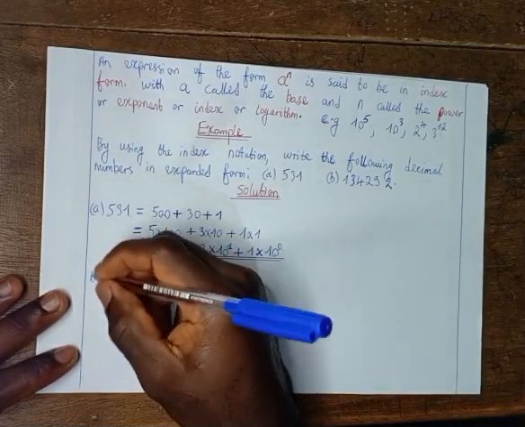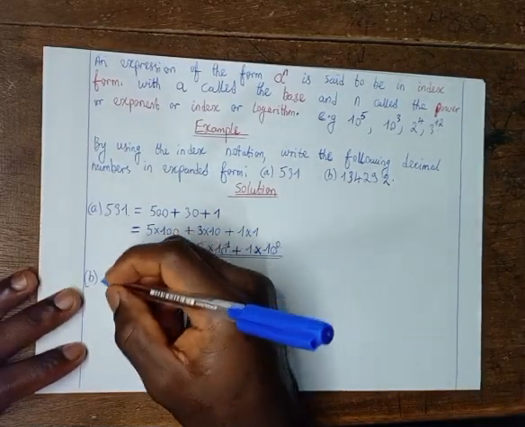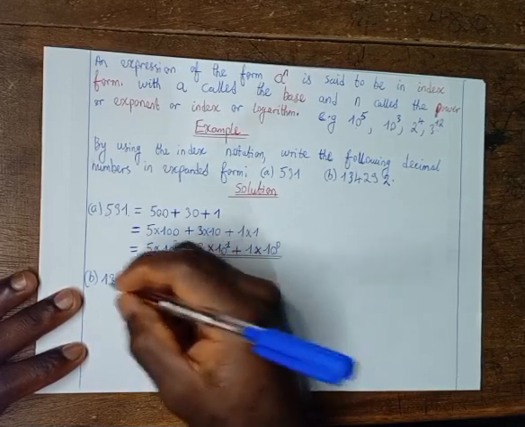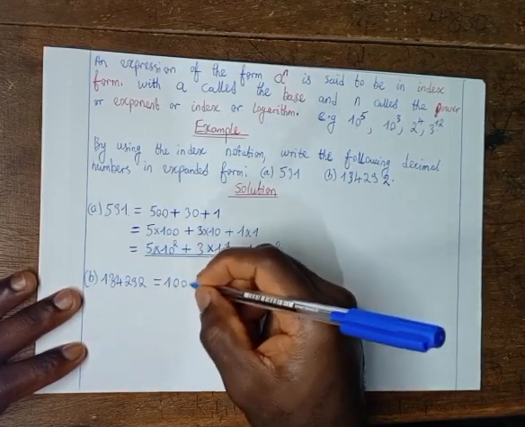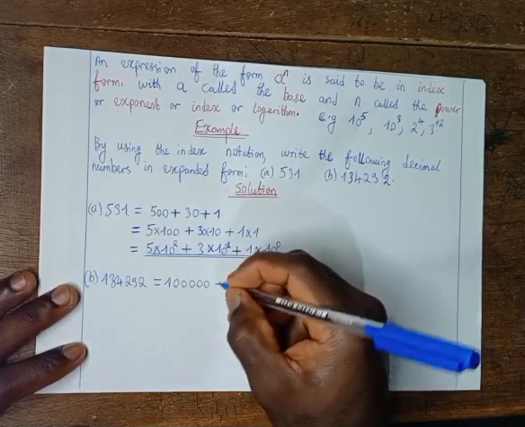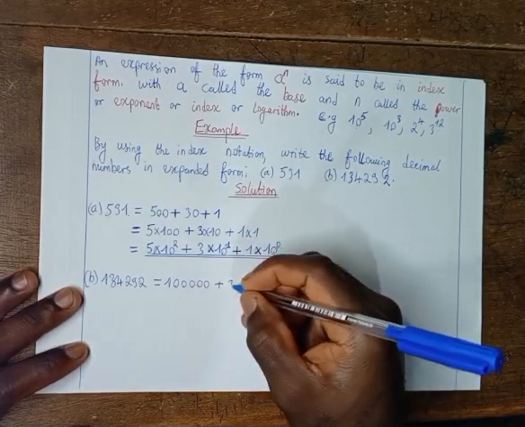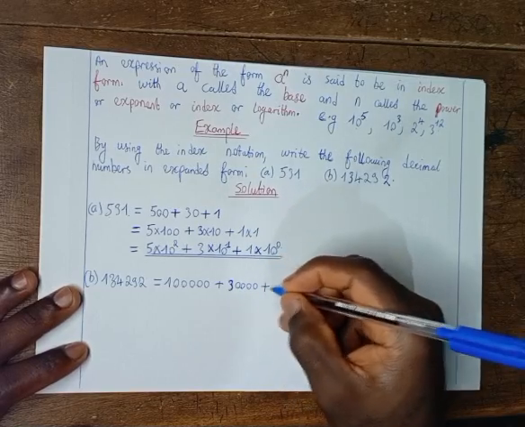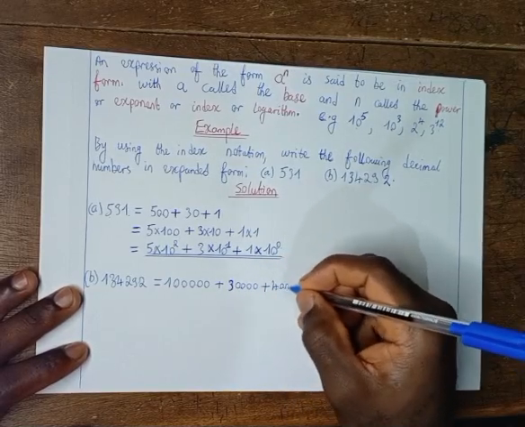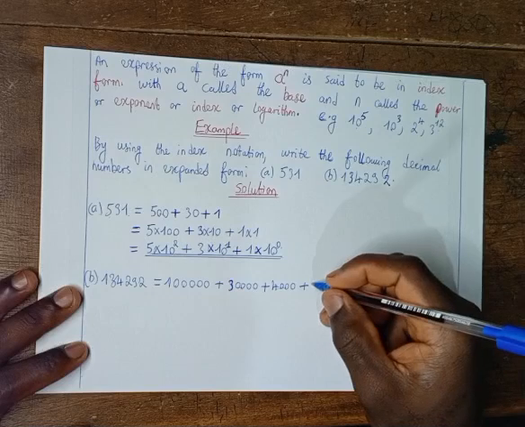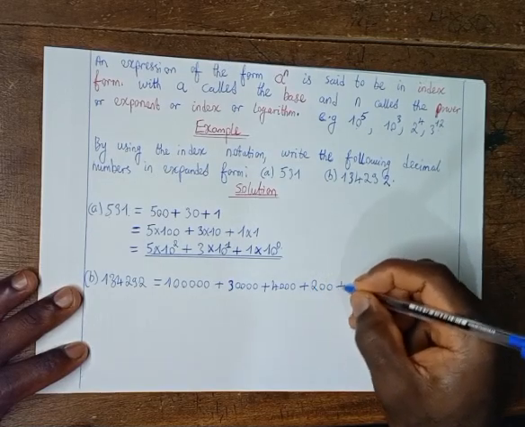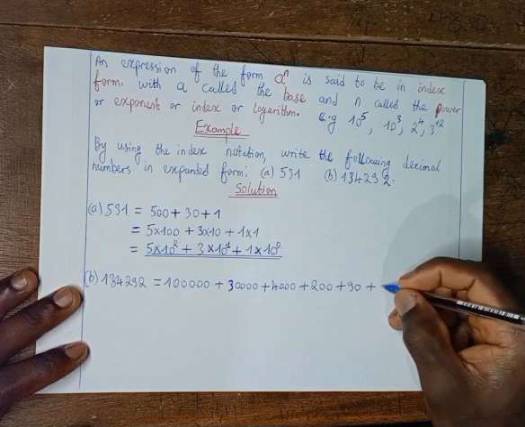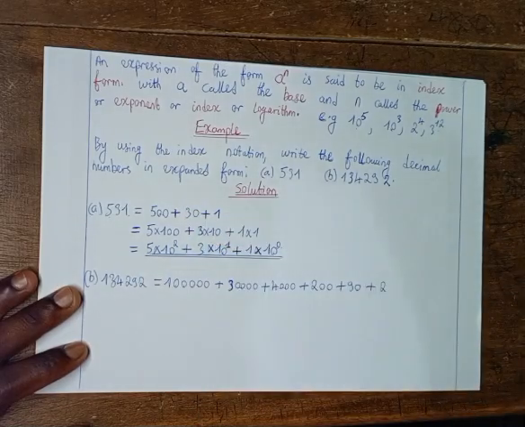Next, we go to B. B, we have the number 134,292. You know the digit 1 has a value of 100,000, plus the digit 3 has a value of 30,000, plus the digit 4 has a value of 4,000, plus the digit 2 has a value of 200, plus the digit 9 has a value of 90, plus the digit 2 which has a value of 2 units.